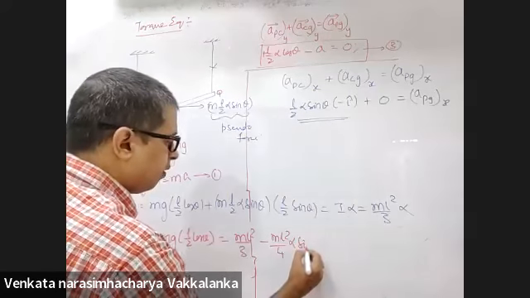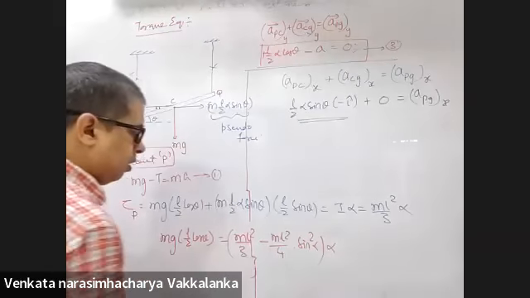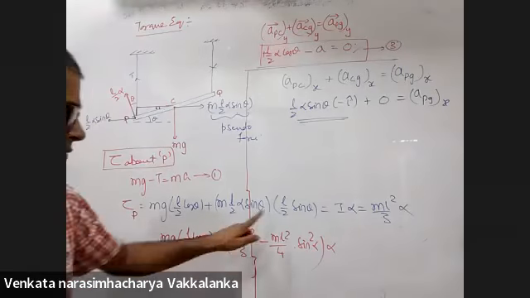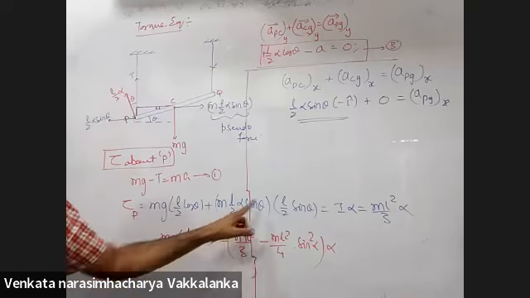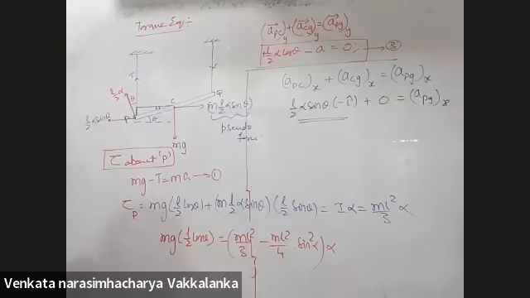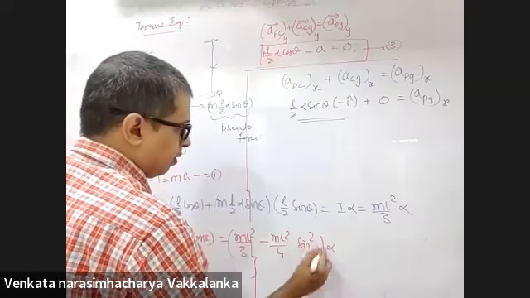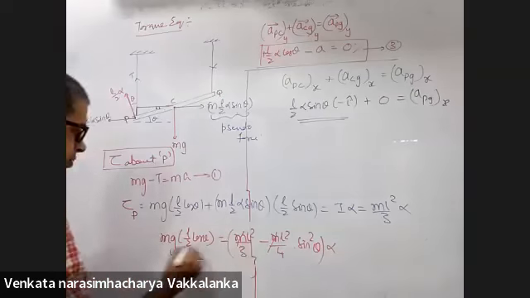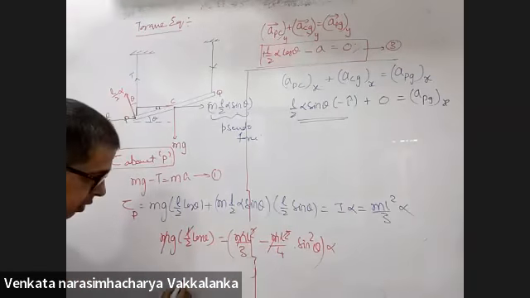Sir, m can get cancelled out. I'm taking this to the right: mL square by 3, mL square by 4 alpha sin square theta. Now m gets cancelled out. One L will get cancelled.